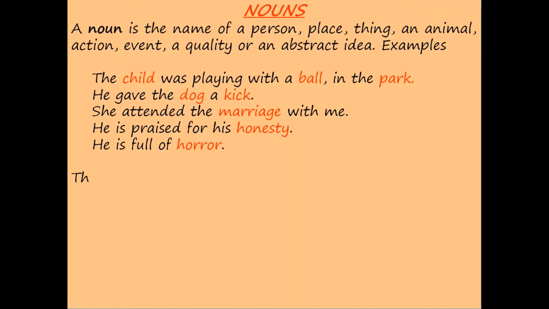So, in these examples, we have got nouns. In the first one, child is a person, ball is a thing, park is a place, dog, animal, kick, name of an action, marriage, an event, honesty, quality, an abstract idea, horror.